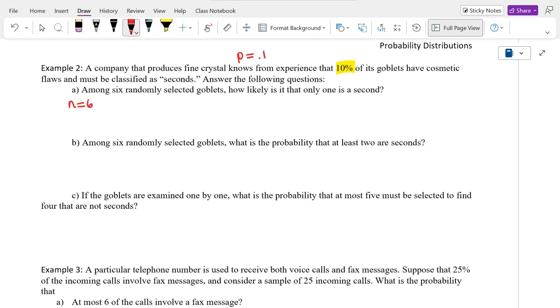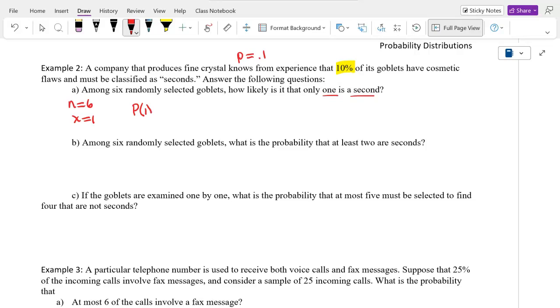How likely is it that only one is a second? So one of them is a second or a flawed goblet. That's our X, the number of successes that we're looking for. Let's use our formula to find this one.